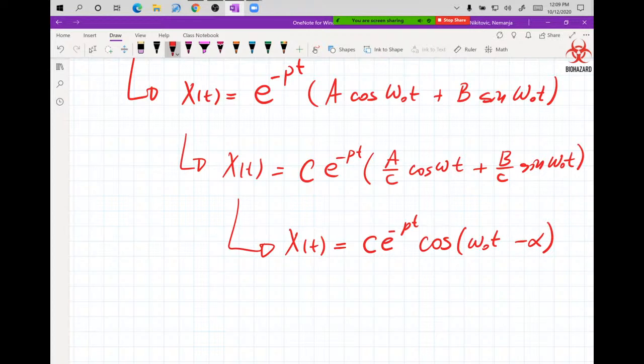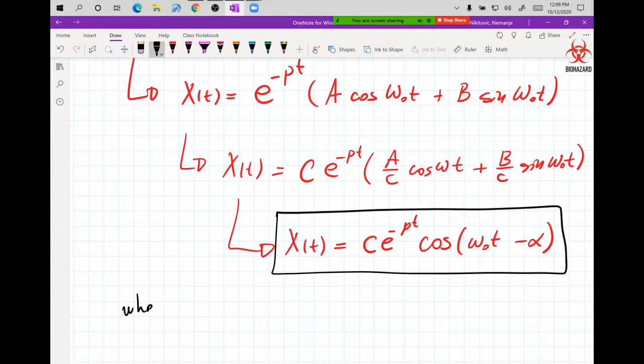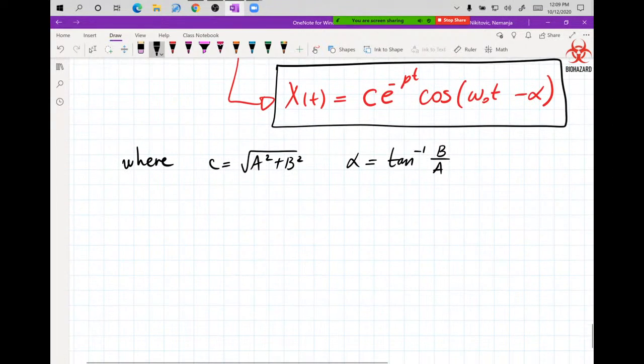So it can all be compressed into the single formula, which is our goal, where we have our standard C is the square root of a squared plus b squared, and alpha is the inverse tangent of b over a, for the purposes of writing the solution.